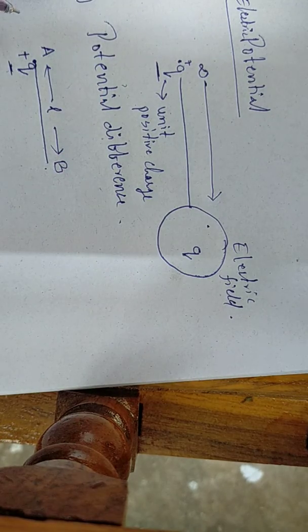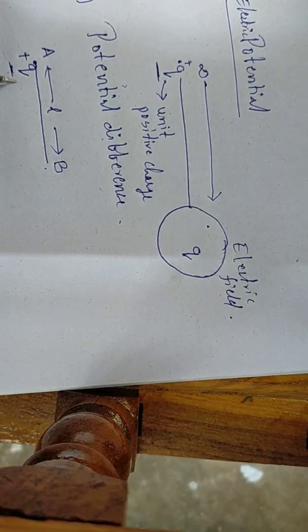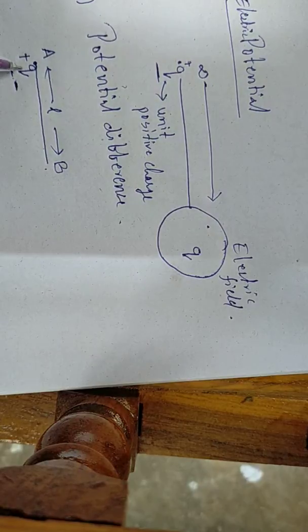So why are we calling this potential difference? Initially this unit positive charge was brought from infinity into the electric field. Now it is in the electric field. We have done some work on this unit positive charge to bring it from infinity, so this charge has got energy. Previously I told you that whatever work we do on something results as energy in that body.